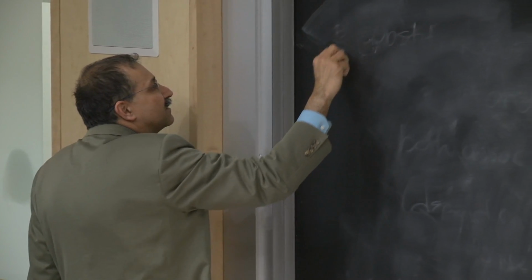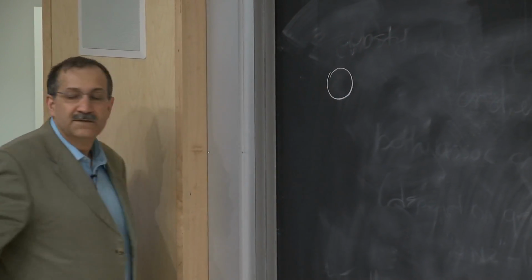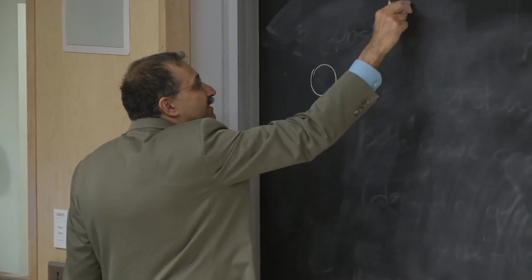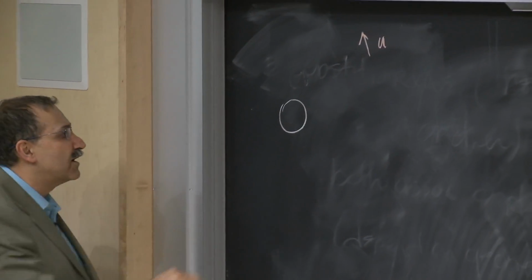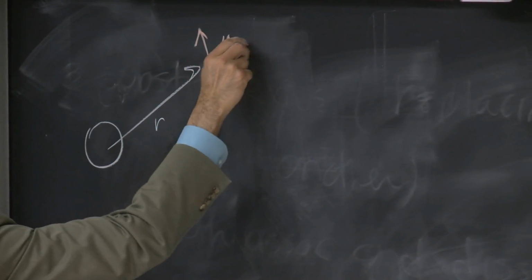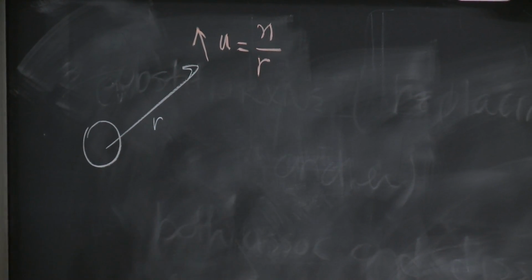So we have one defect, and we saw that for one defect, the field at the distance r has n over r in magnitude.